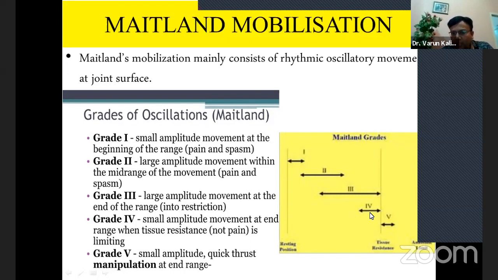Grade 4, again small amplitude movement at the end range when tissue resistance is limiting. Again, grade 5 is the manipulation. That is the small amplitude and quick thrust manipulation at the end range, just beyond the tissue resistance.